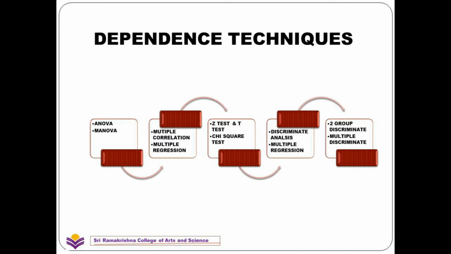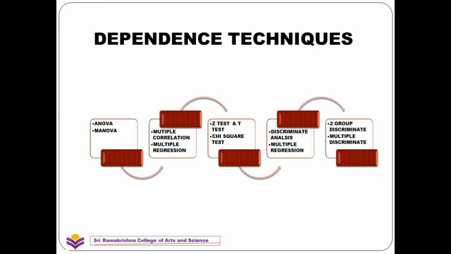The next one is discriminate analysis and multiple regression. Discriminate analysis is used for predicting a dependent variable that has at least two but generally three or more levels: user, non-user, high performer, moderate performer, low performer. That way we can discriminate the group.